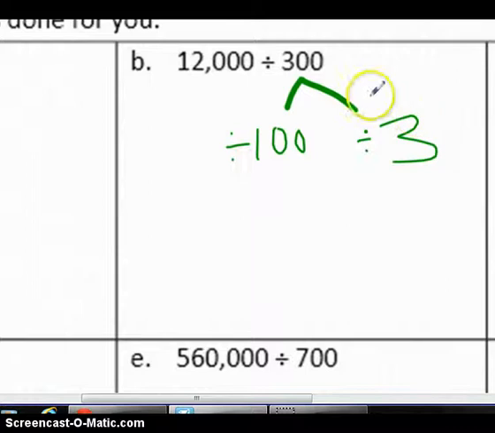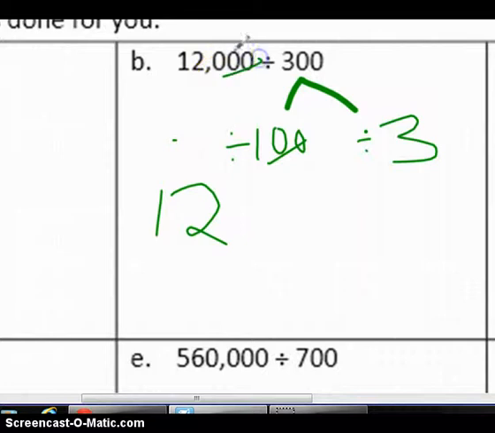Now, you always want either 10, 100, or 1,000, something with zeros, because it's way easier. 12,000 divided by 100, you would just cross the zeros out. So it would be 12. Because there's 12,000, and you actually cross 2 zeros out.